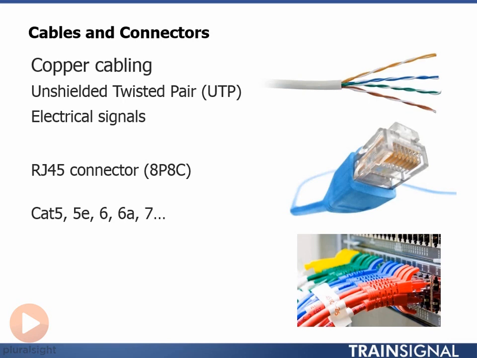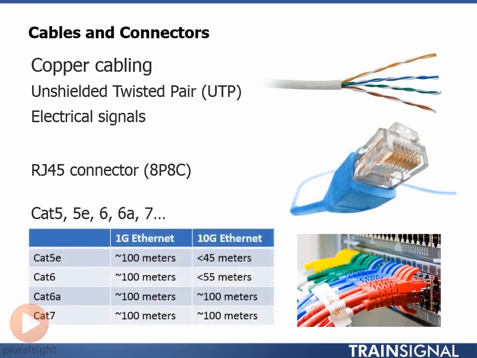And we can also see in the table on the slide, the higher numbers of category cables have superior specifications, so they can transmit data at higher rates and over longer distances. Now then, for all intents and purposes, the different categories of cables look the same, and you'll usually have to look closely at the information printed on the cable jacket to determine the category and the specification of the cable.